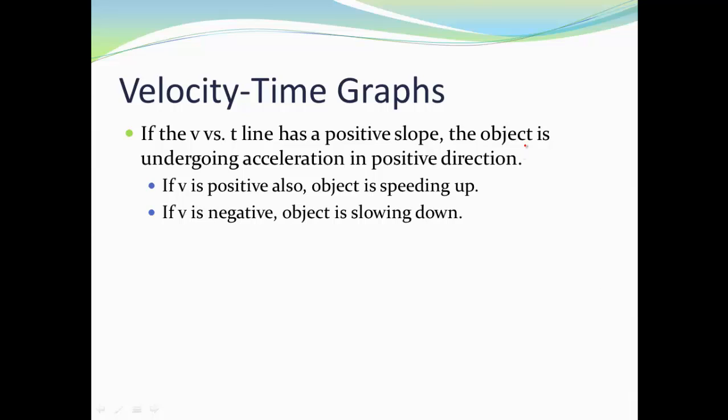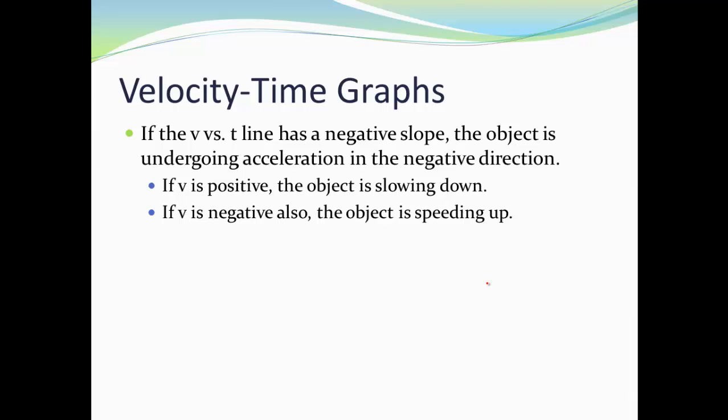So what this would look like, this first case, your v versus t, if it's got a positive slope and a positive velocity, that would be speeding up. A positive slope but a negative velocity, the second case, would look like this, and that would be slowing down. Same thing with the negative slope.